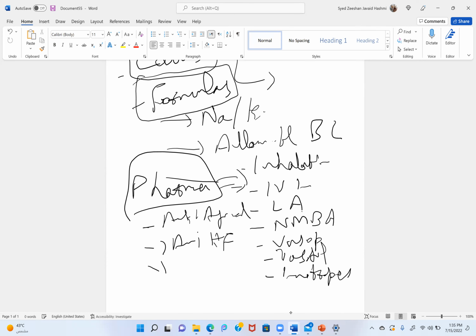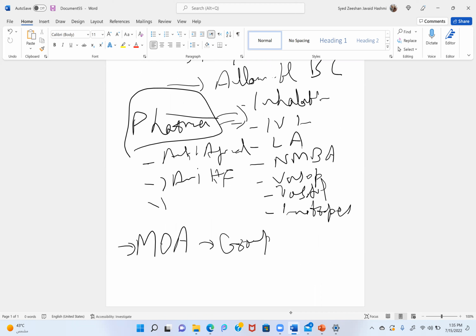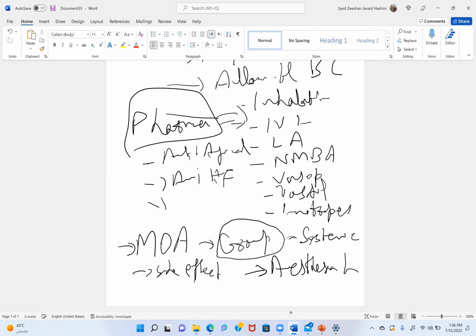What is the mechanism of action? What is the group? Whether it acts on any receptor, whether it acts on any pathway, like some diuretics act on the renal tubule and things like that. You should know the mechanism of action and any specific group or category. Then what are the systemic involvements, what are the side effects, and specifically anesthesia interactions.